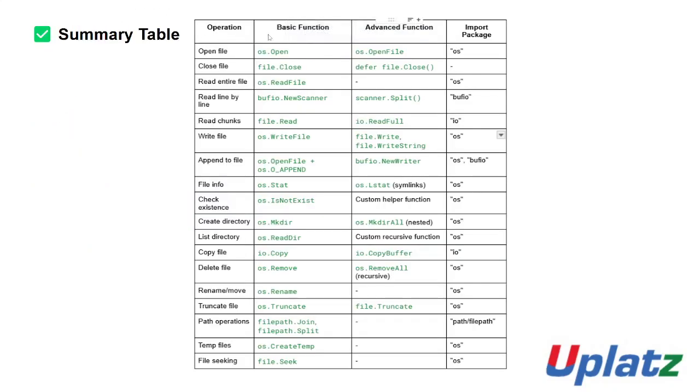Summary table: operation, basic function, advanced function, and import package. Open file: os.Open, advanced function os.OpenFile, import package os. Close file: file.Close, defer file.Close. Read entire file: os.ReadFile, no advanced function. Read line by line: bufio.NewScanner, advanced function scanner.Split, bufio.